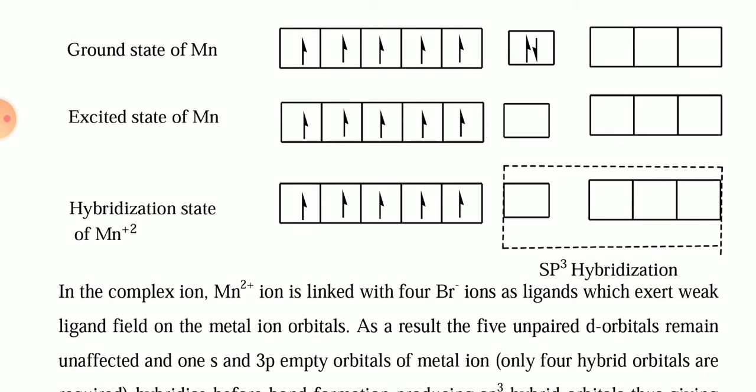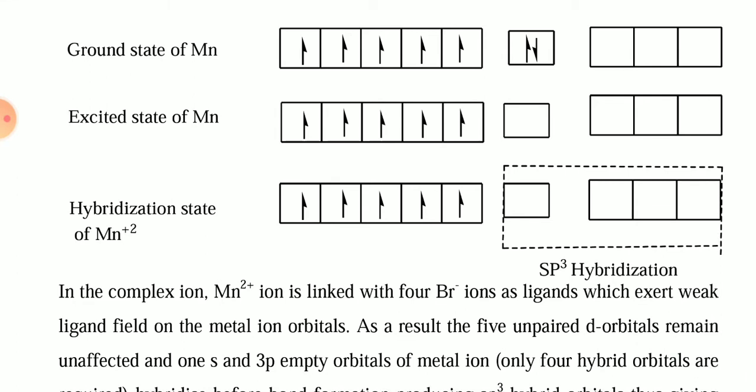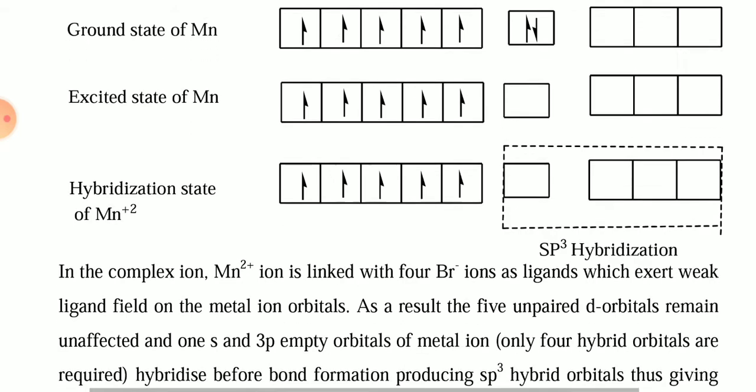In this state we have 4 vacant s and p orbitals for the hybridization. So the hybridization for MnBr4 2- is sp3 hybridization.